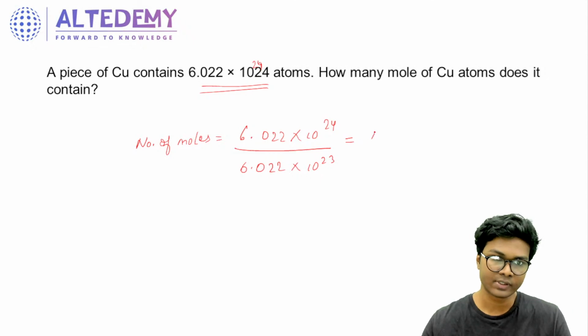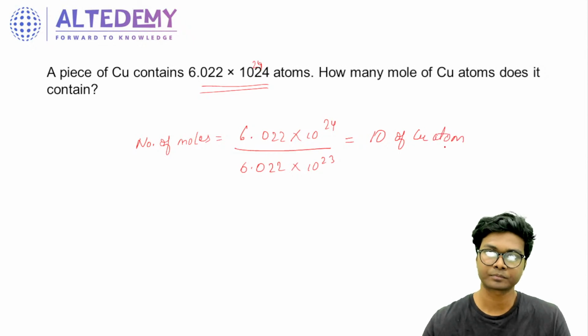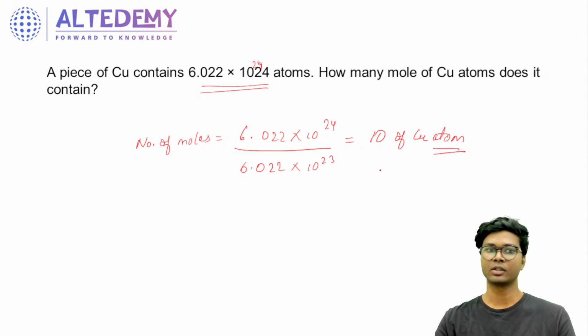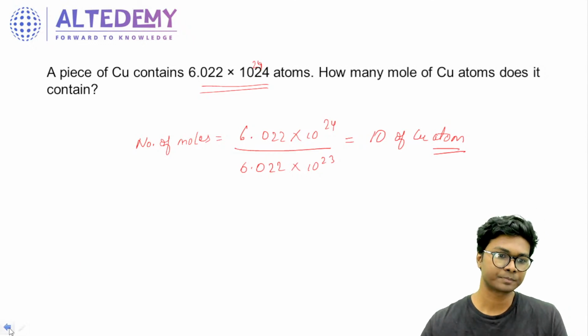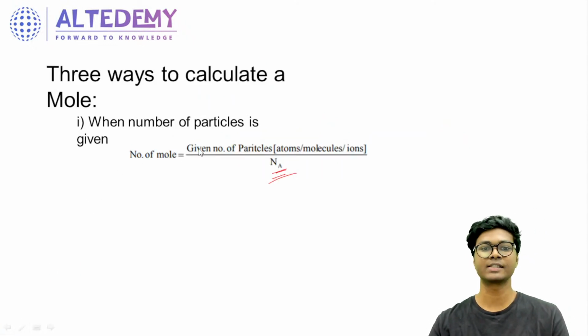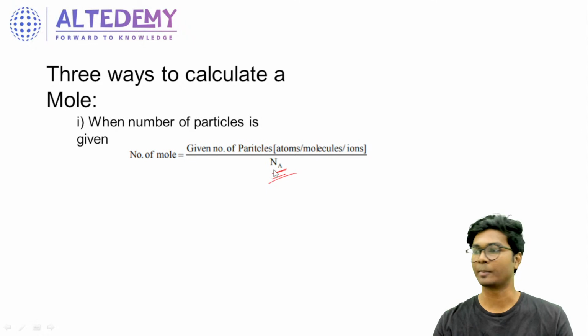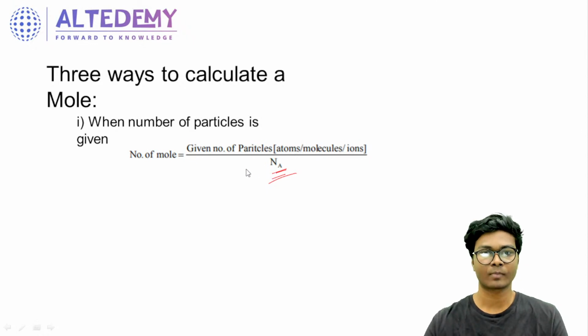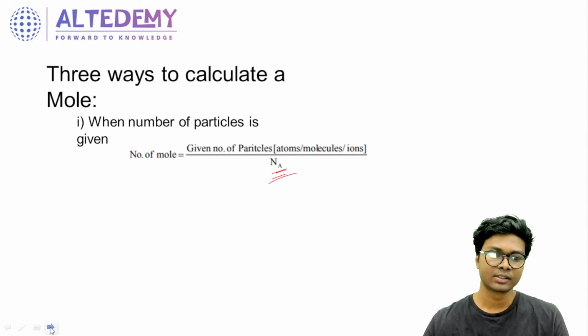Therefore, it gives 10 moles of copper atom. Got it? Simple, because the formula says the given number of particles by Avogadro constant. So this is the first method to calculate the number of moles.